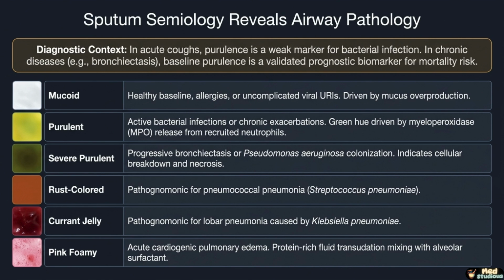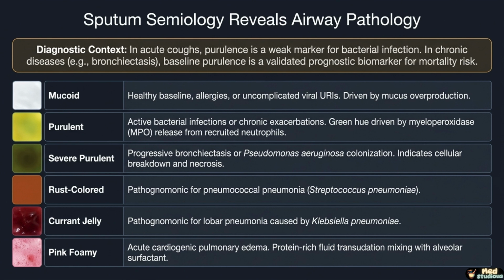What comes up when a patient coughs can be remarkably diagnostic. In acute illness, sputum purulence is actually a fairly weak indicator of bacterial infection. But in chronic conditions like bronchiectasis, baseline purulence becomes a validated prognostic biomarker tied directly to mortality risk. Mucoid sputum, clear and thick, typically reflects a healthy baseline, allergies, or an uncomplicated viral infection, driven simply by mucus overproduction.